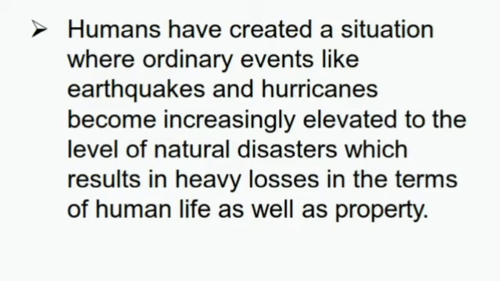Humans have created a situation where ordinary events like earthquakes and hurricanes are increasingly elevated to the level of natural disasters, which results in heavy losses in the form of loss of life and property.